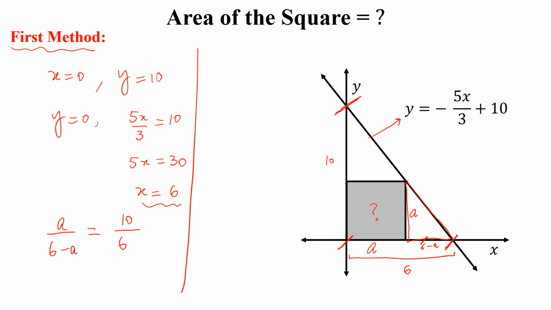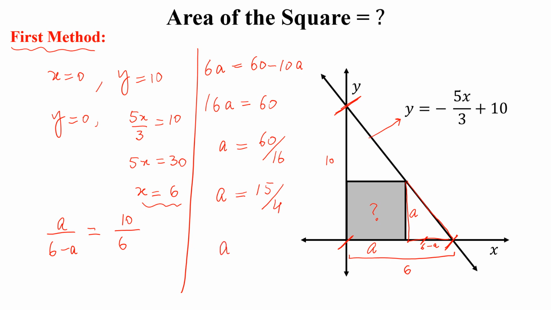Simplify this, we will get 6a equal to 60 minus 10a and 16a equal to 60, and from here we will get a equal to 60 by 16. Simplify this, a equal to 15 by 4, and the required area of the square is equal to a square, and a square equal to 225 divided by 16 unit square, and this is the required answer.